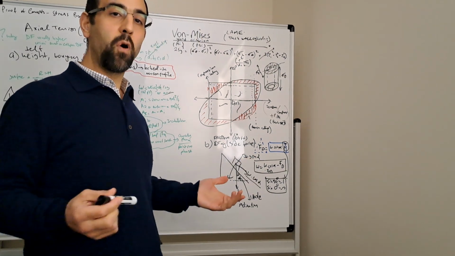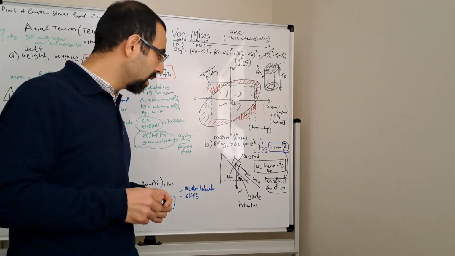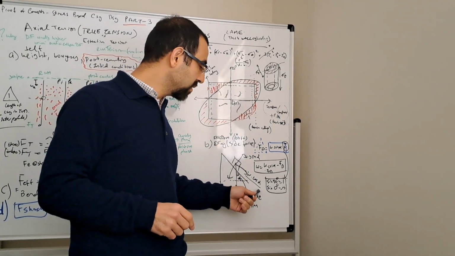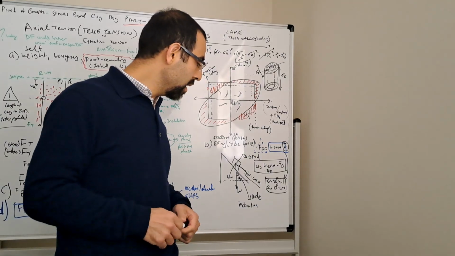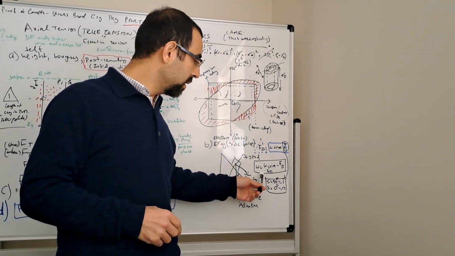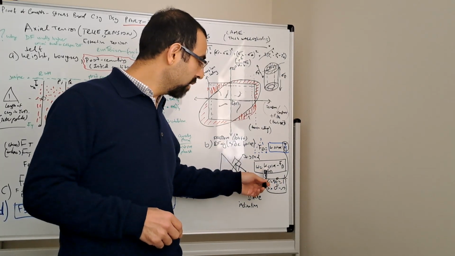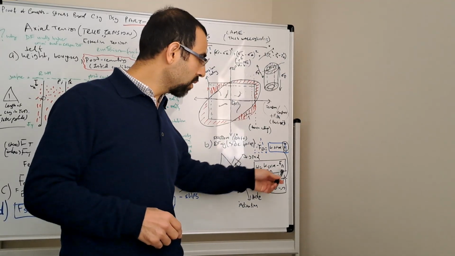So what hook load will I be left with when I'm running the casing? With weight times cosine alpha as the weight component, the weight left will be weight times cosine alpha minus your drag force.